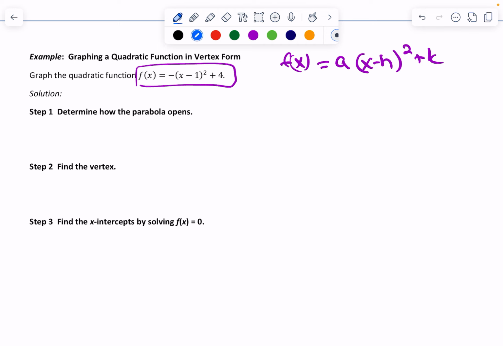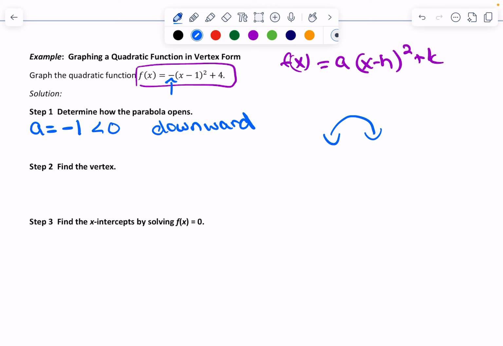Looking at our a here, we only have a negative sign. Well, that means that it is actually a -1. We don't write the 1. Someone used the term understood one. So if there's not a number, it is a 1. -1 is less than 0, so it does open downward. So it's going to look something like this.